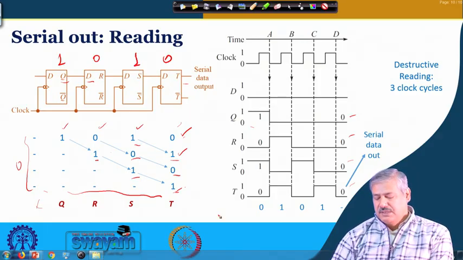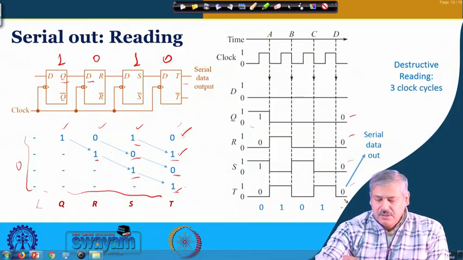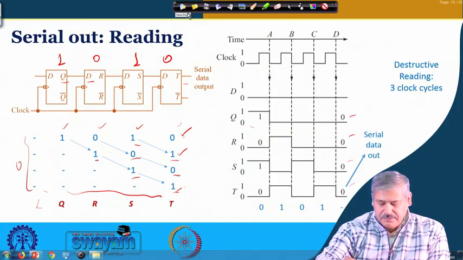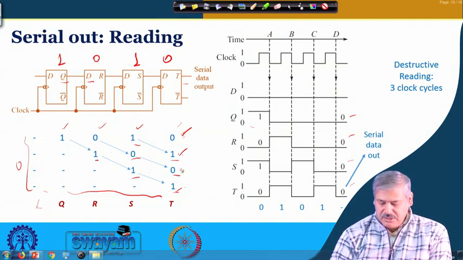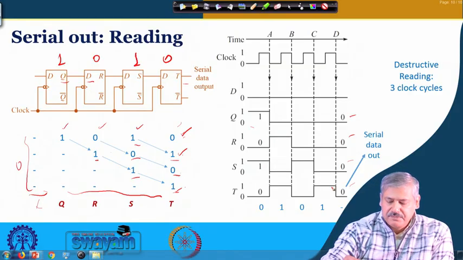Okay. And the serial data out that you read over here is like this. Is it okay? 1 0 1 0. So, first you will read 0 here, then 1, then 0 and then 1, and if you continue to give 0, then 0 will come here.